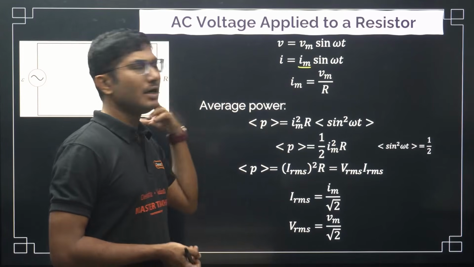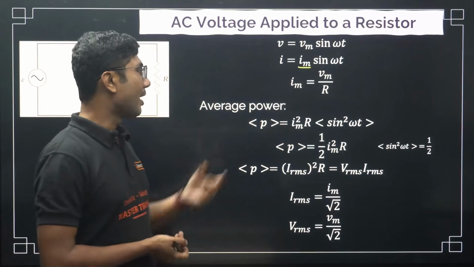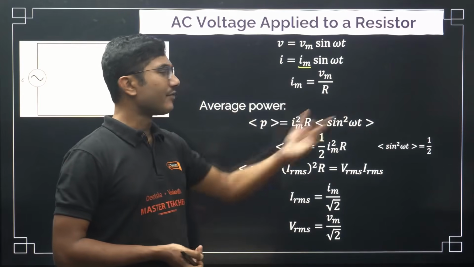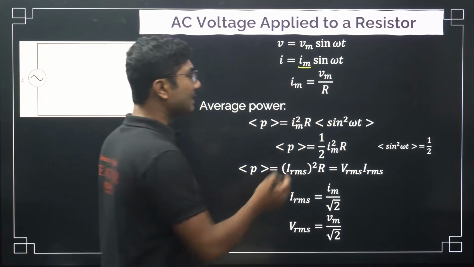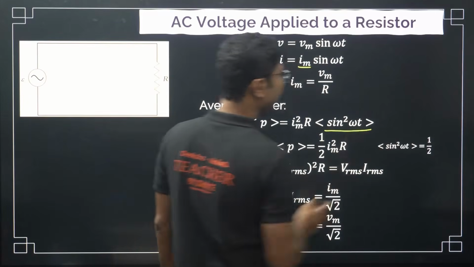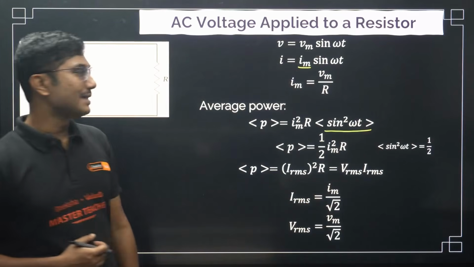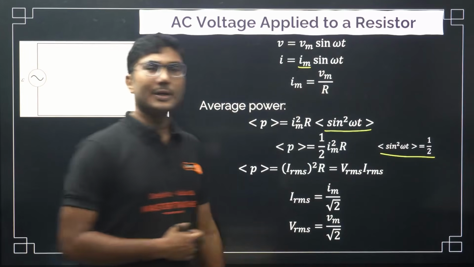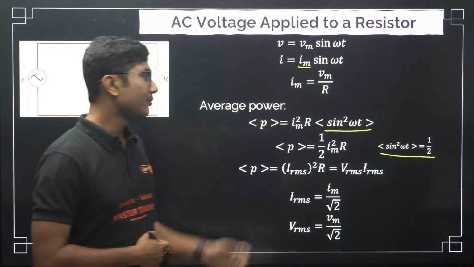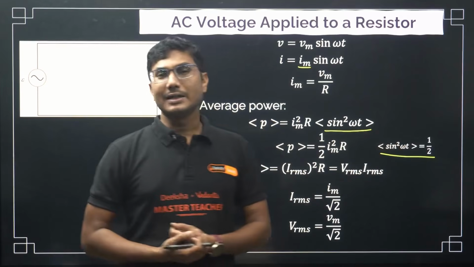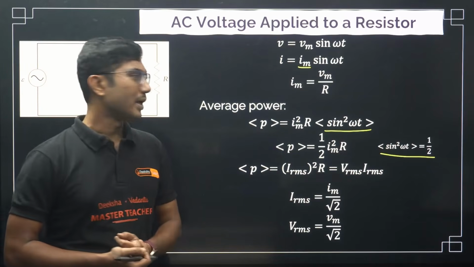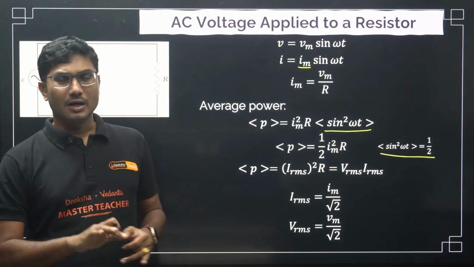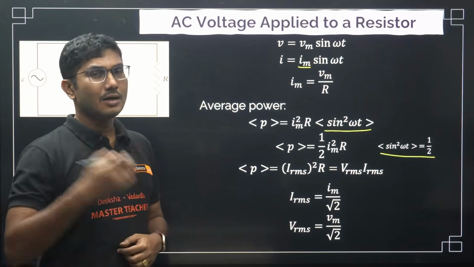So this is the normal value. Now to find the average, you have to find the average of everything. Now the average of sin square omega t is half. This is a mathematical derivation. Maybe in future you will learn about it, but for now remember that the average of sin square omega t, or sin square of any variable theta, is half.